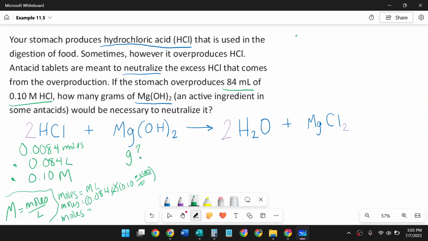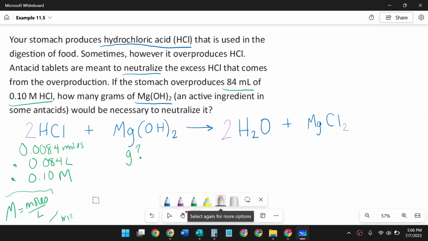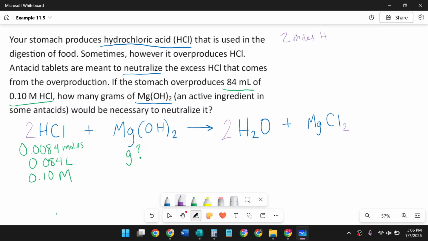Now, if I want to know the grams of the Mg(OH)2, let me erase this up. What I need to do is figure out how many moles I have and then simply convert it into grams. So I have 2 moles of HCl for every 1 mole of Mg(OH)2, which means the moles here need to be converted to the number of moles here.